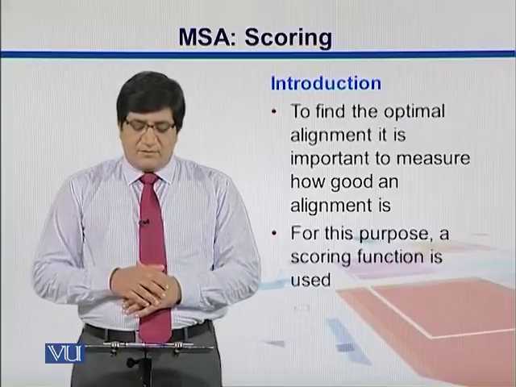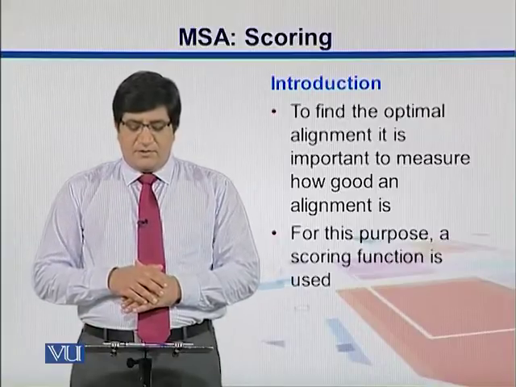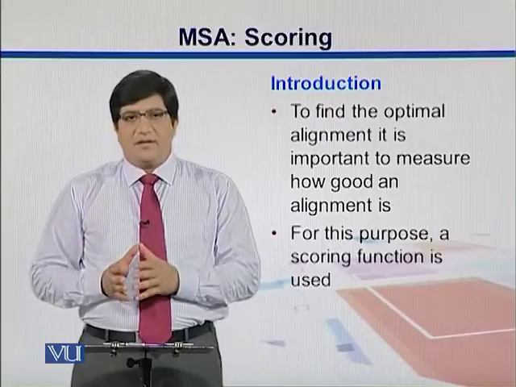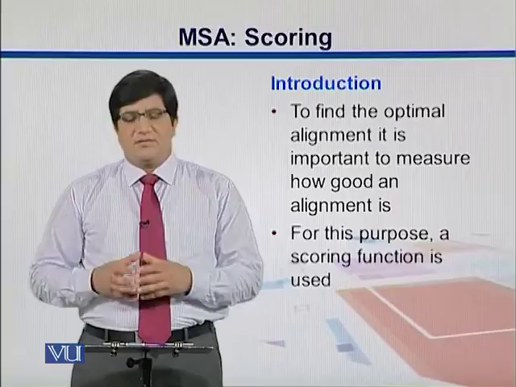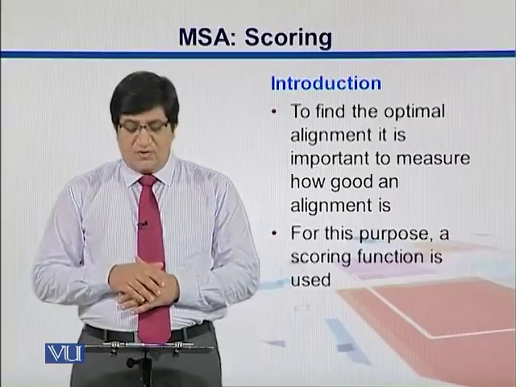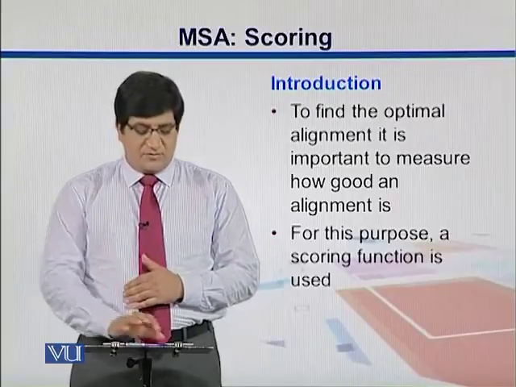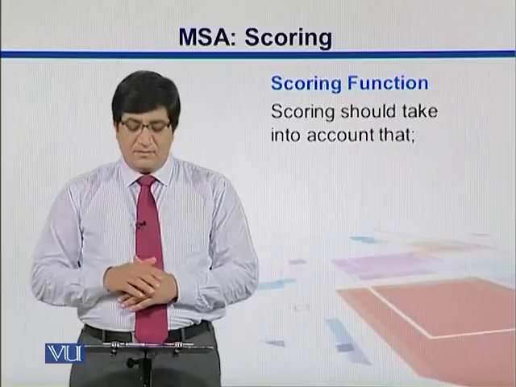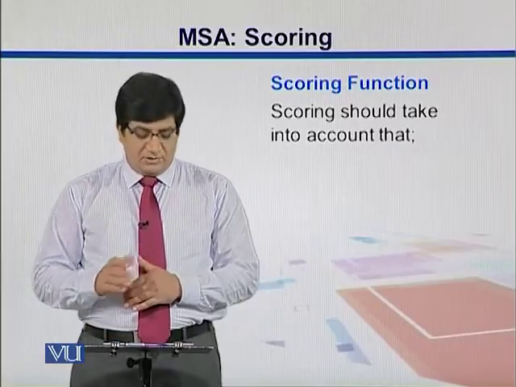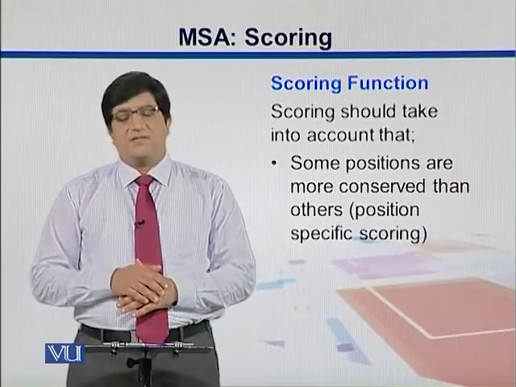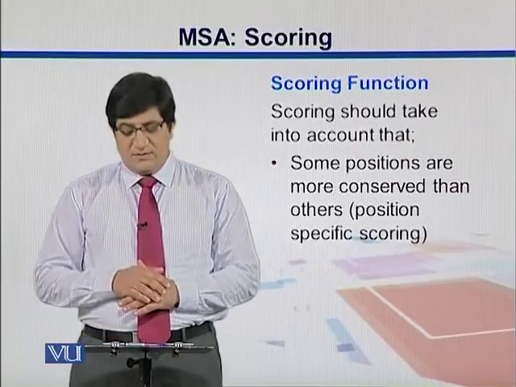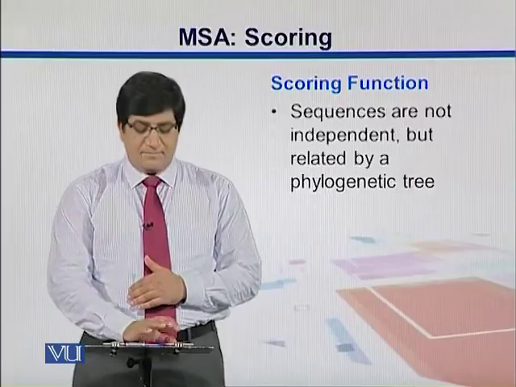So to find an optimal alignment, it is important to measure how good the alignment is, and the criterion to get this goodness is the alignment score. So for that we use some scoring functions. Scoring should take into account the following facts. Number one, some positions in nature are more conserved than others.